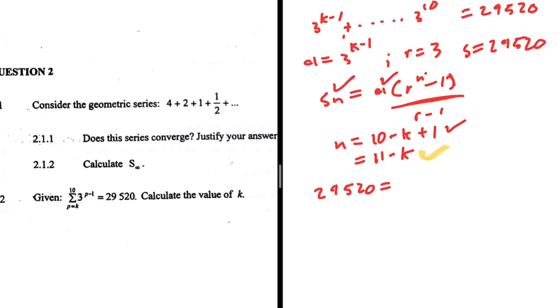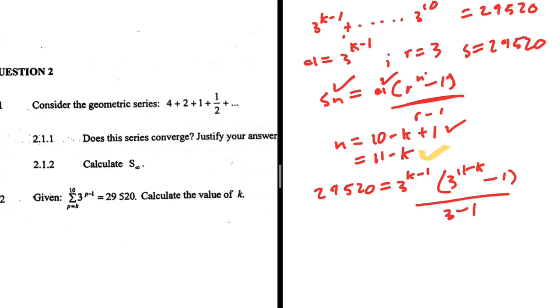A is the first term, so this is 3^(k minus 1) multiplied by r to the power n. R is 3 and n is 11 minus k minus 1, everything divided by r minus 1. R is 3, so we have 3 minus 1, which is 2.